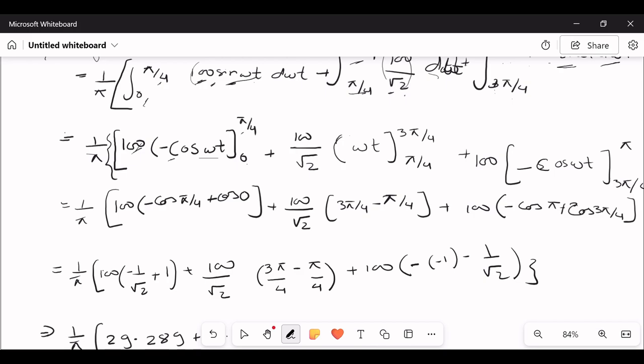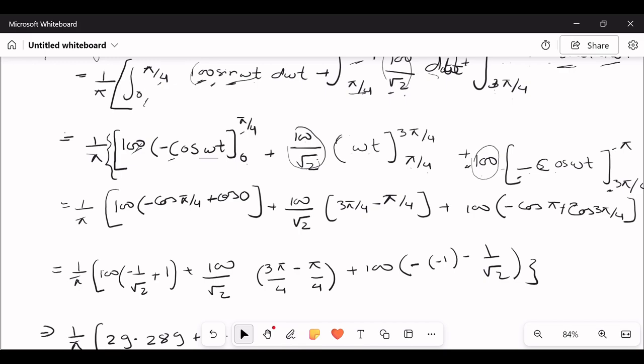Again, for the second part, 100/√2 is a constant value, so we integrate 1, which becomes ωt, from π/4 to 3π/4. And for the third part, again there is a sinusoidal waveform in which the 100 is a constant value, so we take 100 out and integrate sin ωt, which becomes minus cos ωt, from 3π/4 to π.